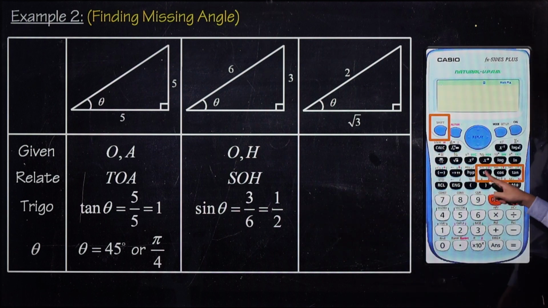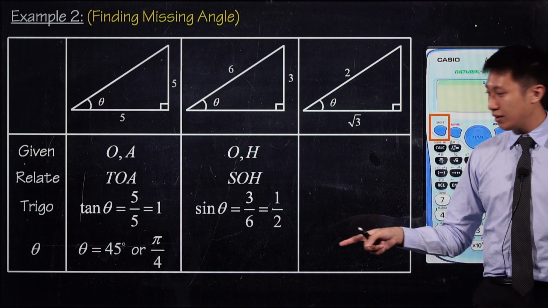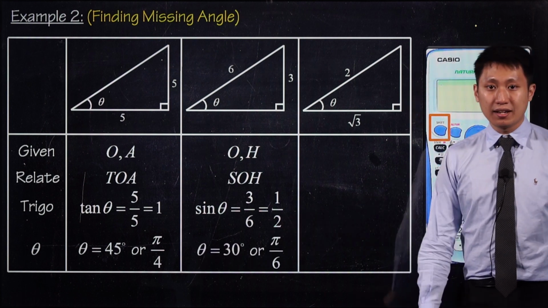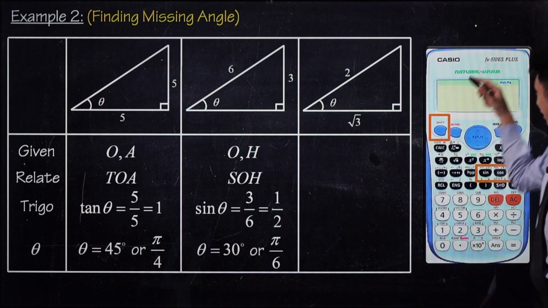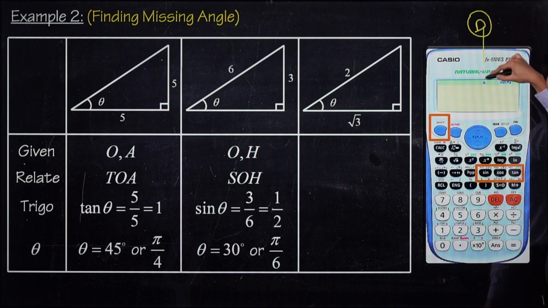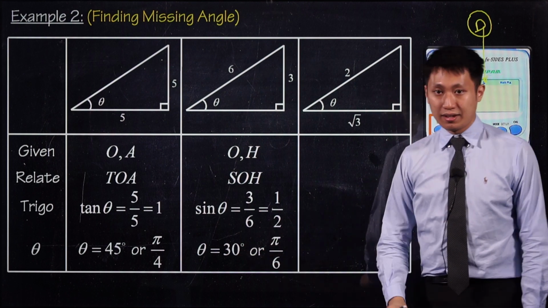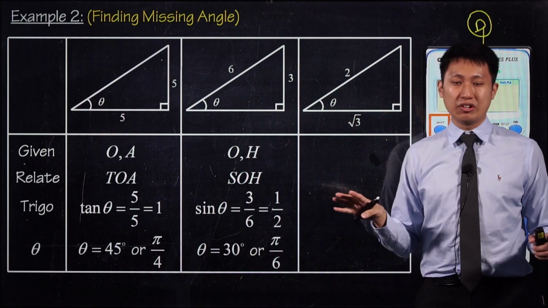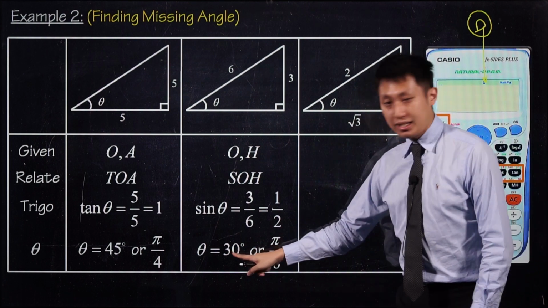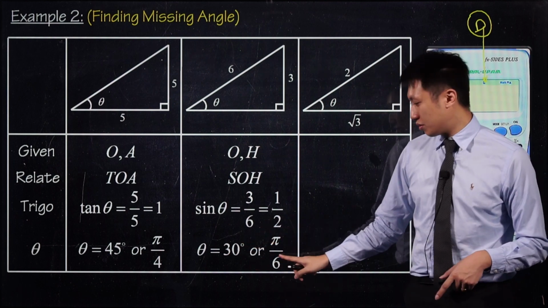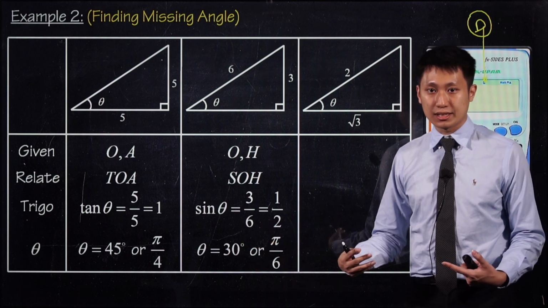You press shift sine bracket 1 over 2 and you get the answer, which is 30. Make sure it's in D. Then I get 30. It only says 30, it doesn't say degree there, so 30 is degrees. Change it to radian, so it's pi over 6.